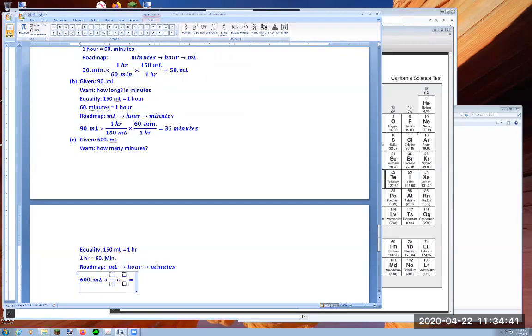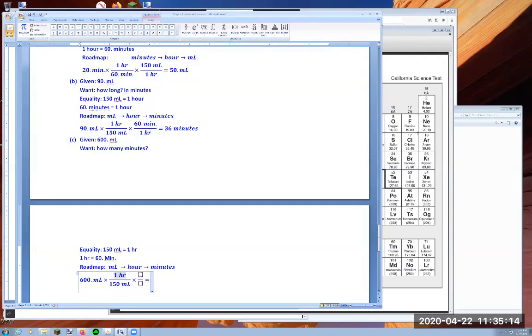So the first conversion factor should have milliliters in the denominator. You take the equality that has the milliliters, 150 milliliters in an hour. So you place the 150 milliliters on the bottom, and that's what is delivered in an hour. This way we cancel the milliliters, and we are left with the intermediate unit of hour.